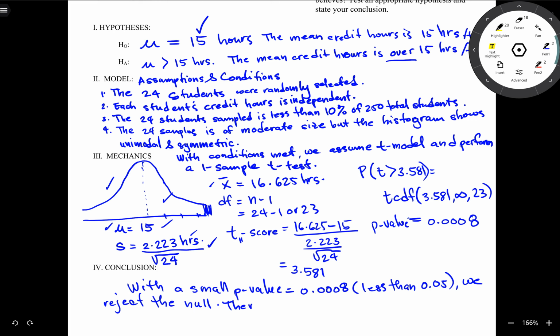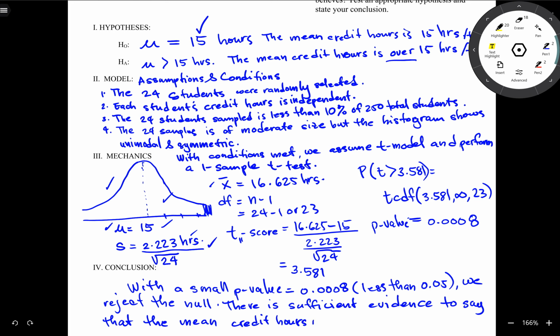There is sufficient evidence to say that the mean credit hours per term is over 15 hours. There you go.